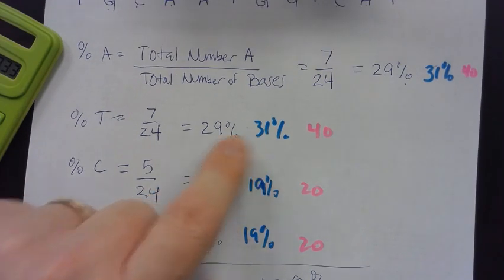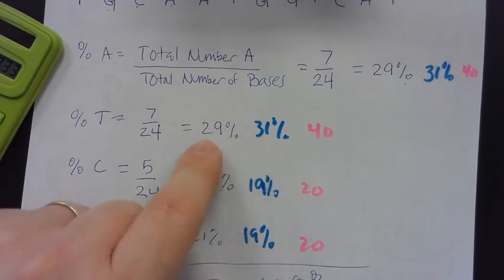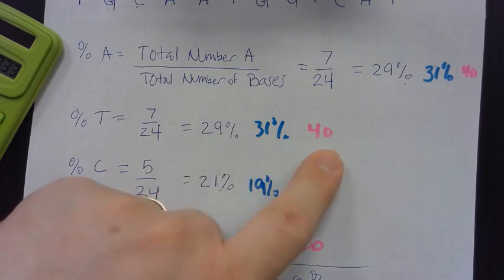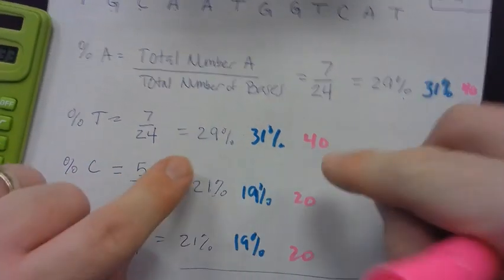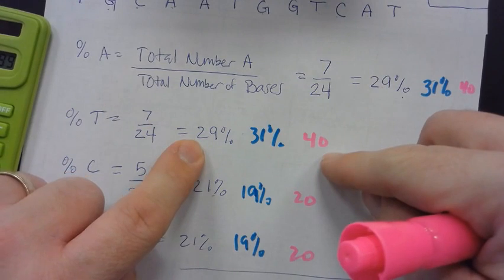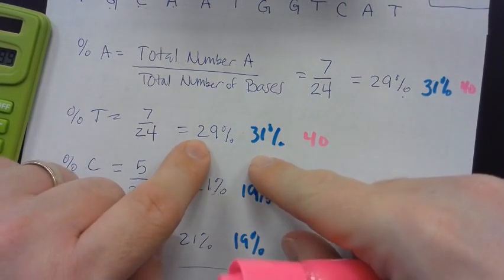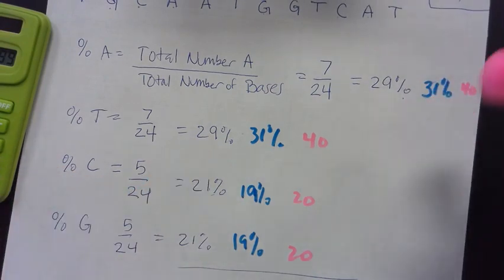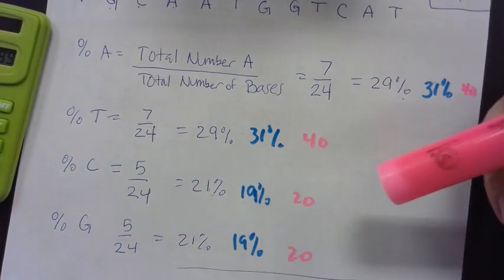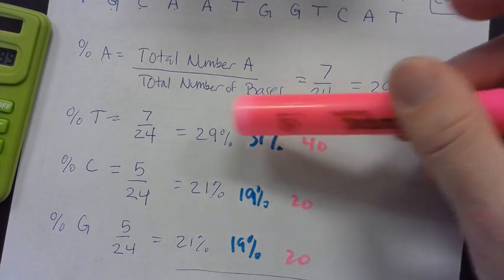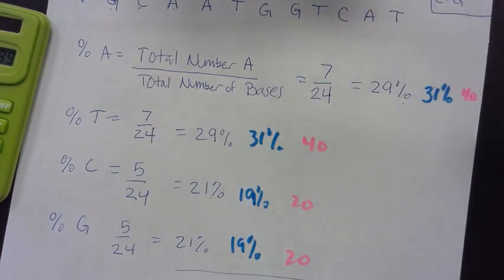Species 1 and species 2 are much closer than species 1 and species 3 because there's a bigger gap. There's an 11% gap here, a 9% gap here, but there's only a 2% gap here. The same thing for this. And so because C and G are pretty equal, we would say that species 1 and 2 are the most similar because they have the most similar genetic makeup.